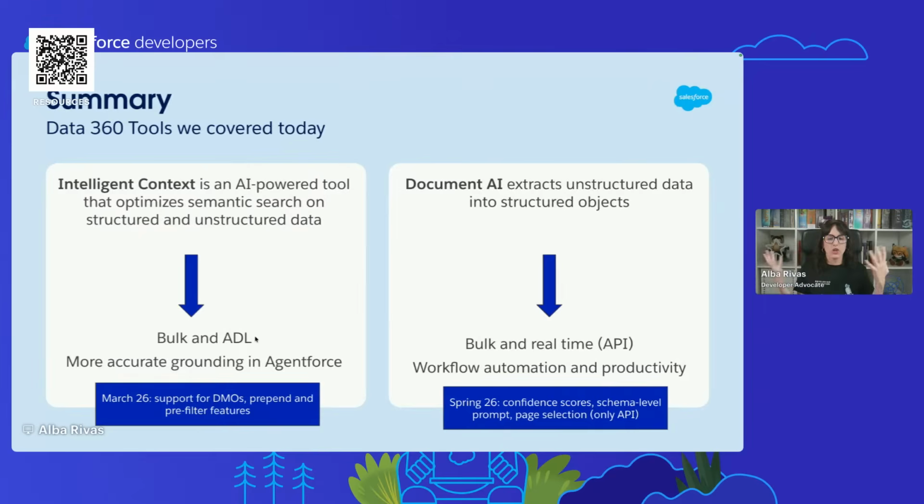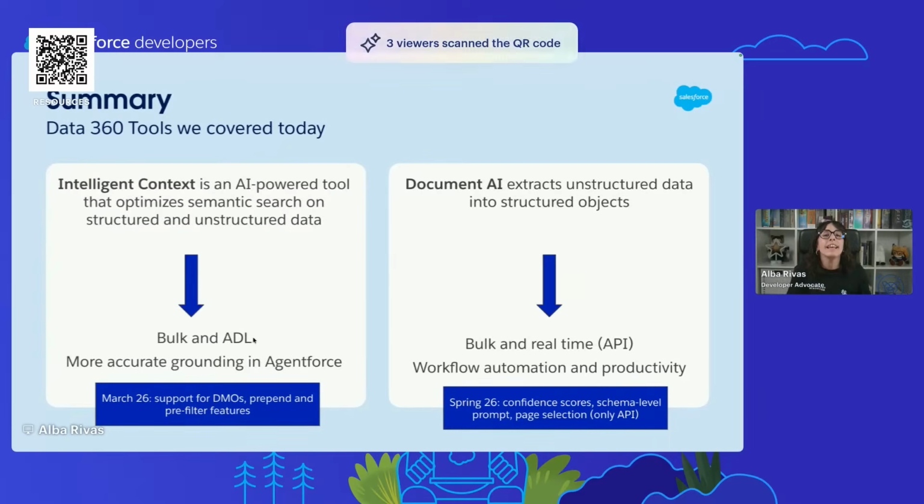And I forgot to mention something very important because I said that only the bulk use case is available, but there's something else. There's another entry point in which intelligent context is going to be running. It's not something that you can implement, but it's something that happens behind the scenes. So today, when you upload documents through Agentforce Data Libraries, ADL, intelligent context is running the smart configuration behind the scenes for you, okay?